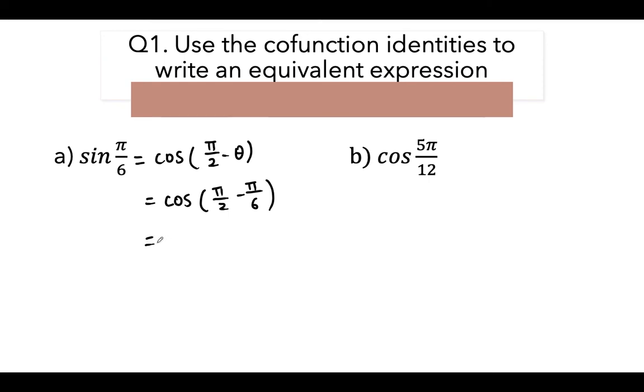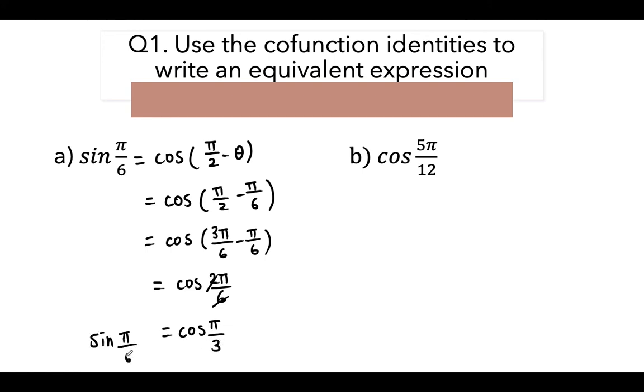So I'm going to make a common denominator: cosine of 3 pi over 6 minus pi over 6 is equal to cosine of 2 pi over 6, which we could reduce. So the equivalent expression is cosine pi over 3. That's how you use a cofunction identity to figure out this expression.